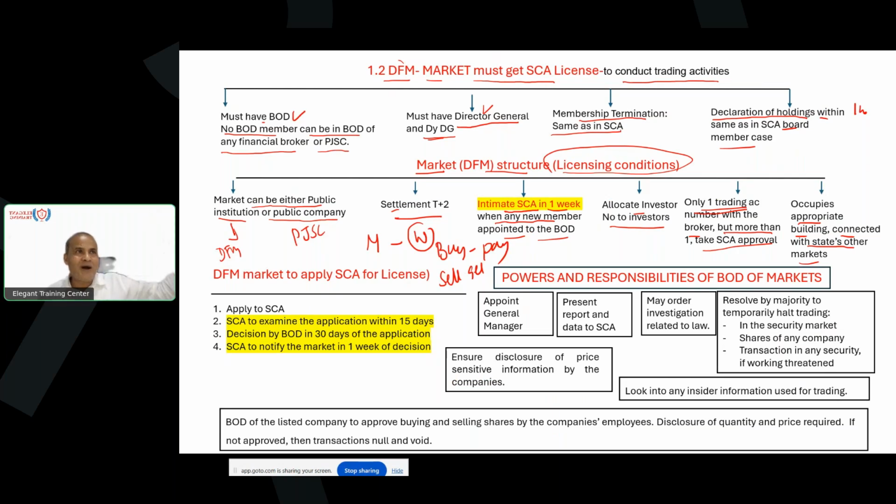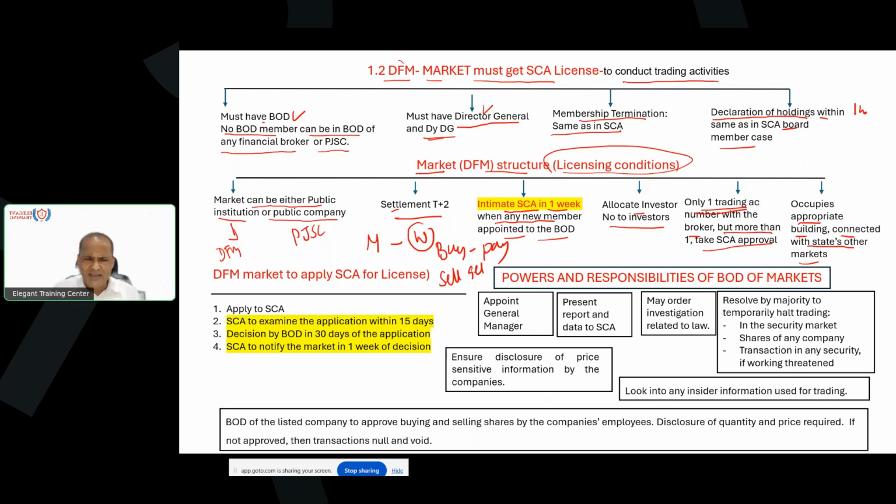Your Dubai Gold and Commodity Exchange. All those markets are interconnected. So these are the requirements for a market to get a license. Clear till now?